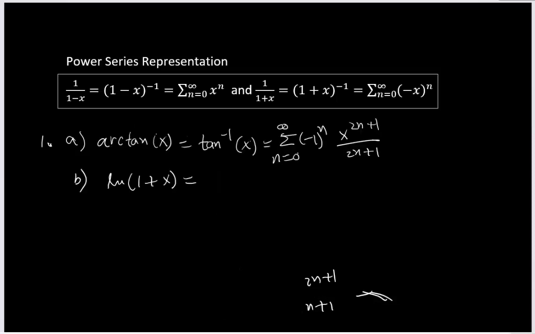All right, for the second formula, natural log of 1 plus x, you can easily recall that the integral of 1 over 1 plus x is our natural log of 1 plus x, and we are using just parentheses, understanding that 1 plus x is positive.